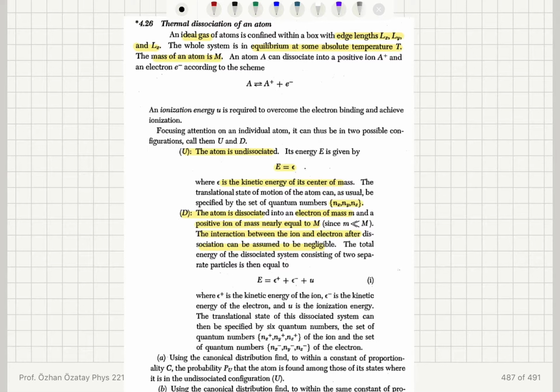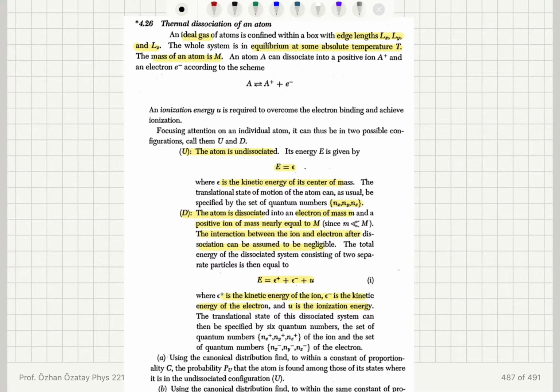The total energy of the dissociated system consisting of two separate particles is then equal to the sum of the kinetic energy of the ion, kinetic energy of the electron, and ionization energy.